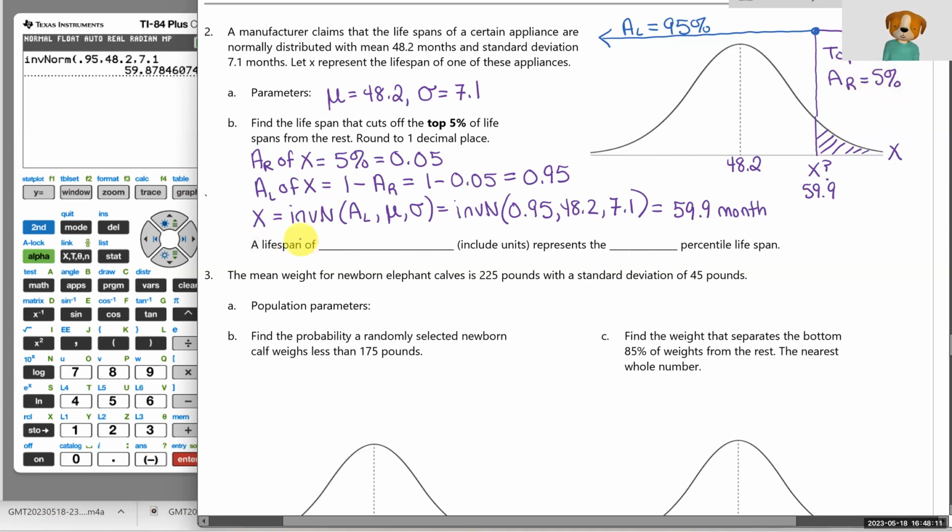So that lifespan of 59.9 months represents, so what would its percentile value be? So remember, percentile values represent the percentage of data below that value or to their left. So if 95% of the data is to the left of that value, that is the 95th percentile.